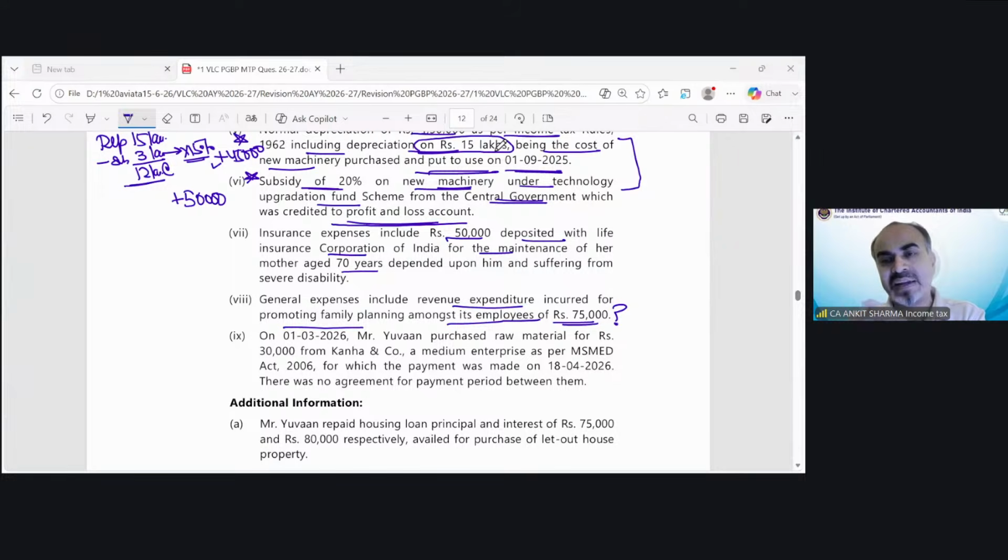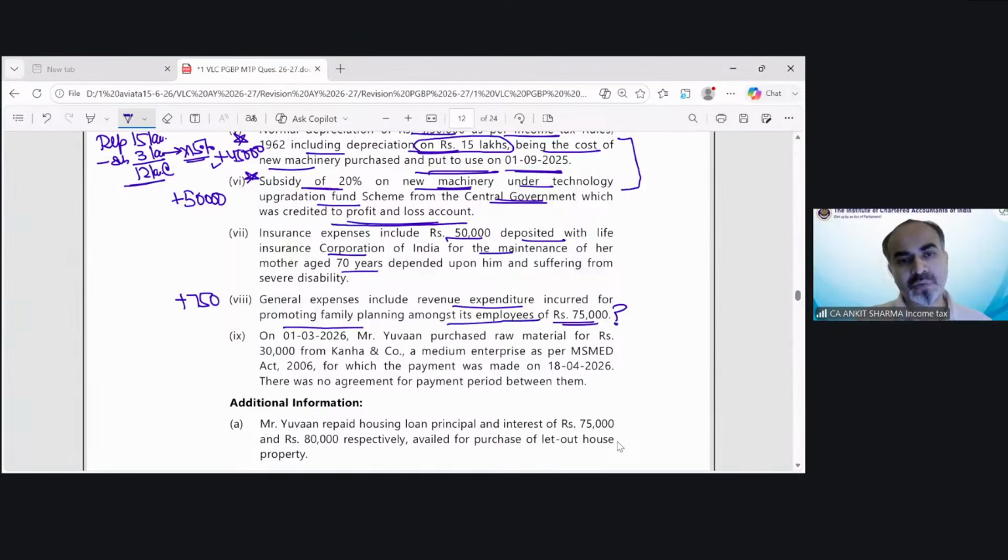Additional depreciation we will claim under optional tax regime. Okay. Garv is saying deduction only for corporate. Well done, Garv. Very well done, of course. Family planning expenditure, Simran is also correct, is only allowed to companies. And because this question does not belong to a company, this is going to be disallowed. Clear, students?